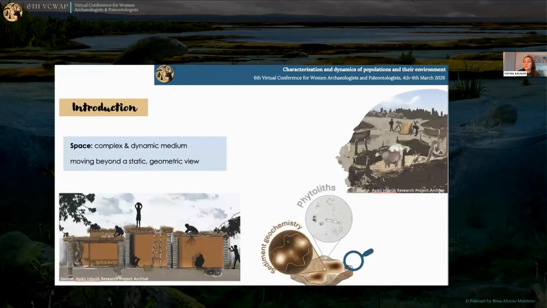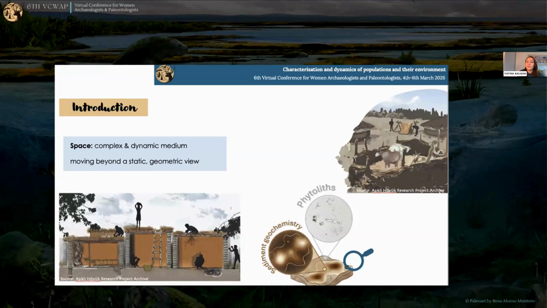Can we truly read activity areas from floor deposits? In archaeological contexts, interpretation based on single proxy approaches often remains limited, as they risk oversimplifying complex depositional processes and use life processes as well.